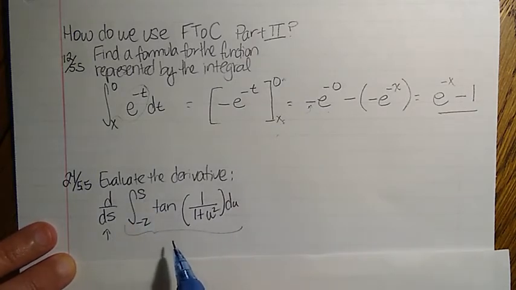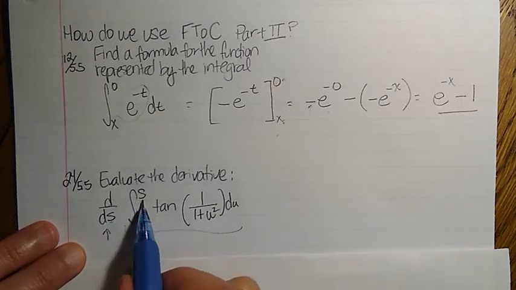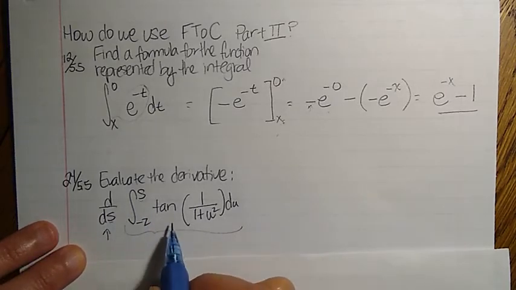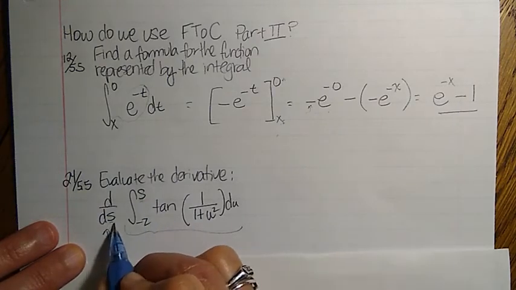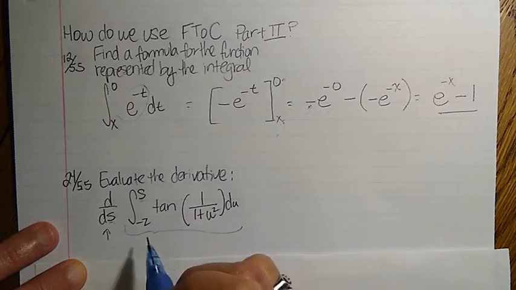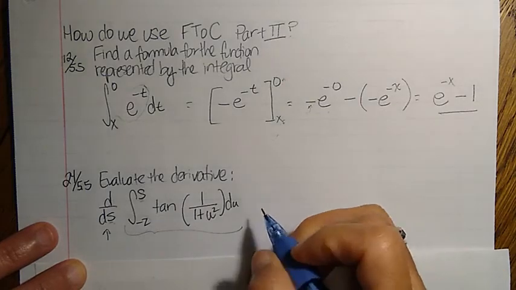This is stated exactly like the fundamental theorem, except that s is our variable of integration. It's our right-hand limit, and we're taking a derivative with respect to s. The lower limit is constant, and so we can directly apply the fundamental theorem of calculus part 2.